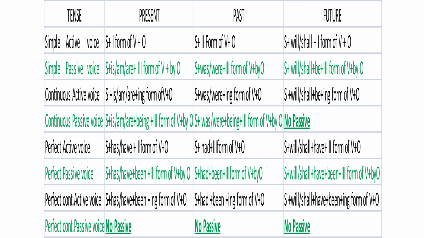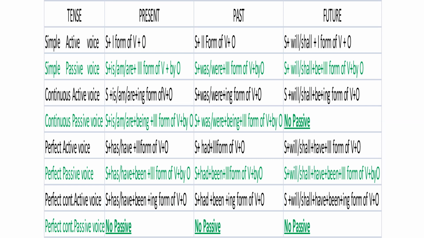Now, just for your convenience, let me also tell you that the perfect continuous tenses, be it present perfect continuous, past perfect continuous or future perfect continuous, cannot be changed into passive voice.